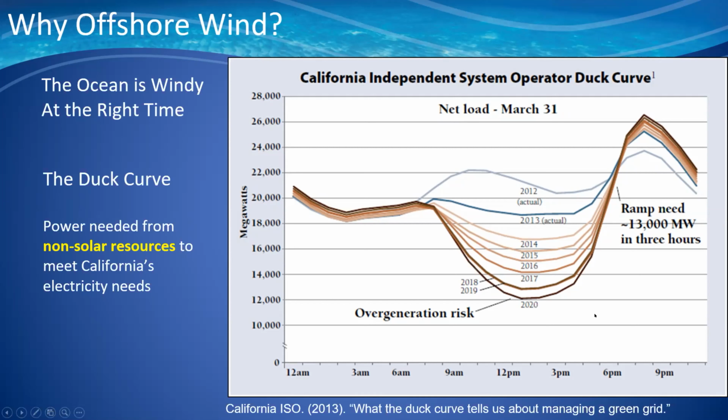But as the sun starts to set, and everyone goes home and starts turning on their appliances and other things, there's a lot of electricity needed. And that gets us to this area where there's a huge ramp, where we've really got to go from very little other resources to a lot of other resources. And that's a big deal if you're trying to manage the grid.